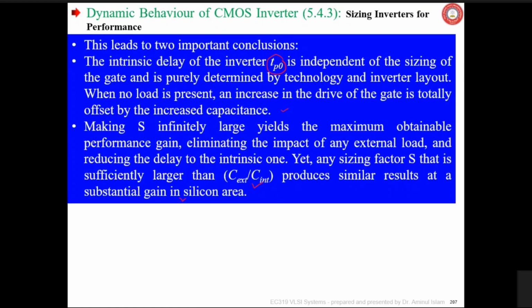Okay. So sizing up inverters, how to size it. As you can see, if you keep on widening the MOSFET to make VM equal to VDD by 2, sometimes it increases the TP, even for that value 3.4; you may get the lower TP or lowest TP.